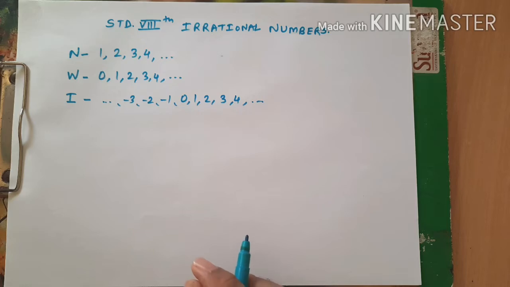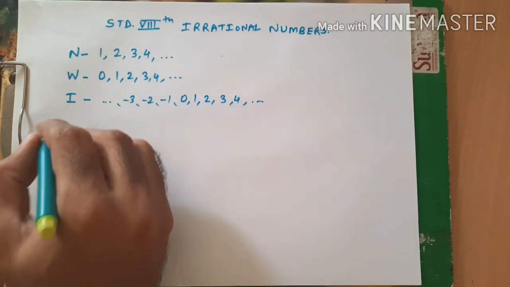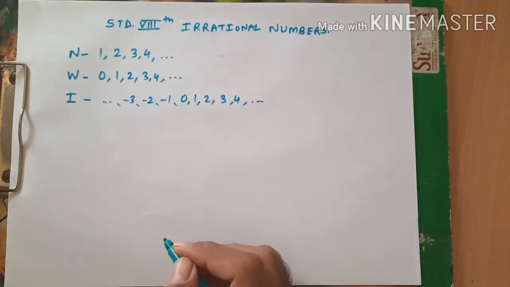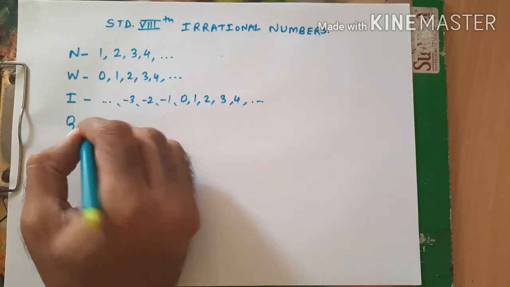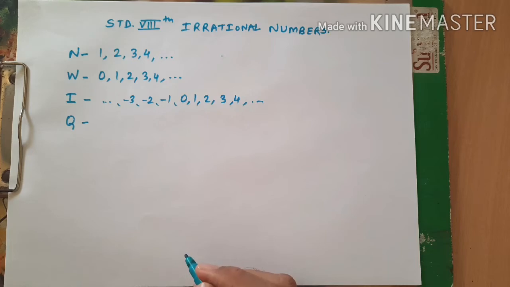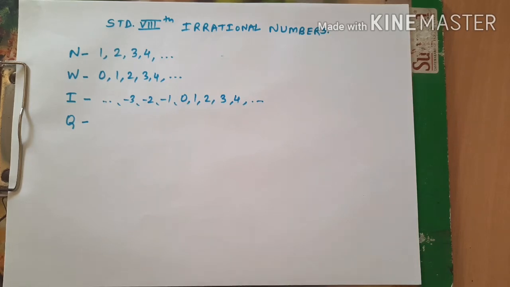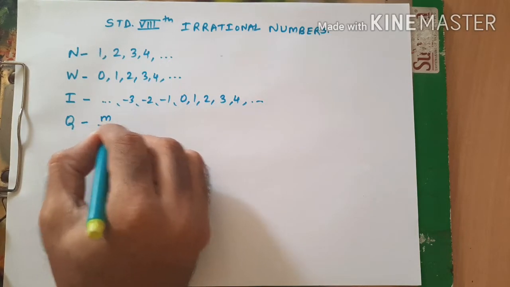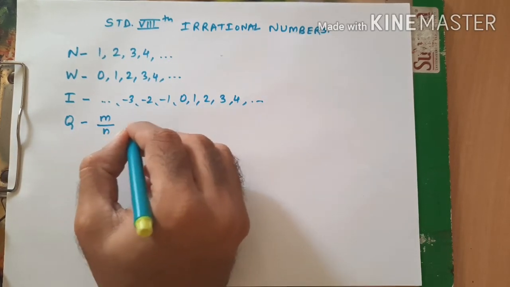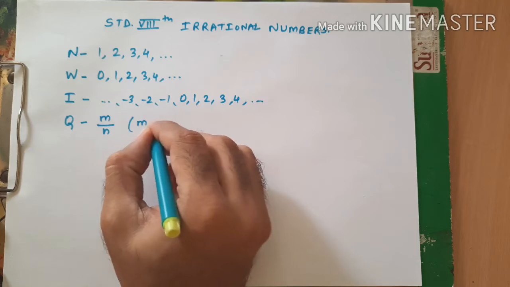Then the next set of numbers is rational numbers. Rational numbers are denoted by letter Q. So what is the definition of rational numbers? m upon n is a rational number if m is any integer.